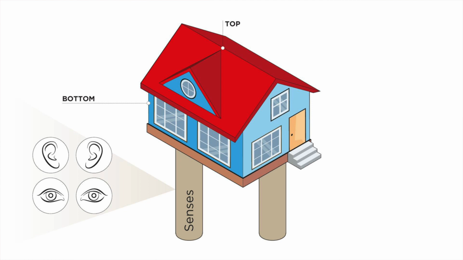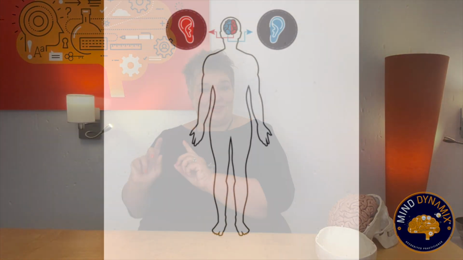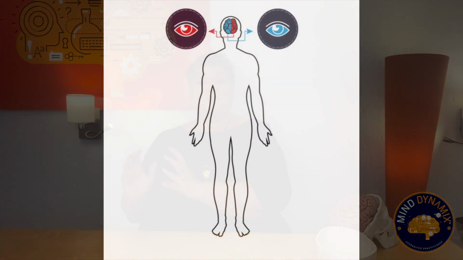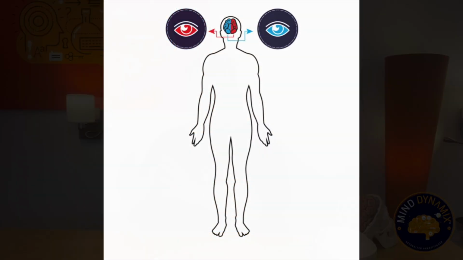But in the mind dynamics profile, we only refer to the paired senses, which are your 2 ears and your 2 eyes. So your 2 ears and your 2 eyes represent sensory input in terms of the mind dynamics profile instrument.